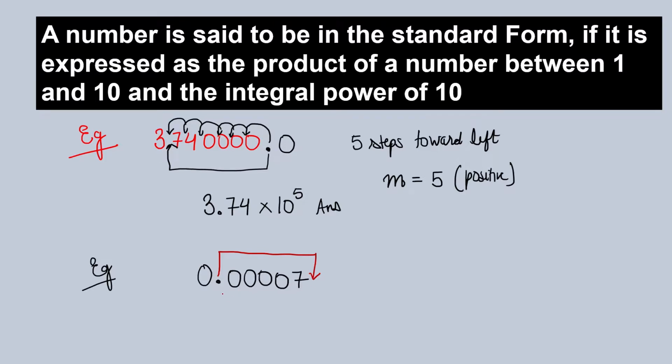So how many steps are you taking towards this decimal? 1, 2, 3, 4 and 5. Again 5 steps, but this time you are taking towards right. Whenever you are taking steps towards right, m will be negative. So what will be our standard form? 7 into 10 raised to the power negative 5.